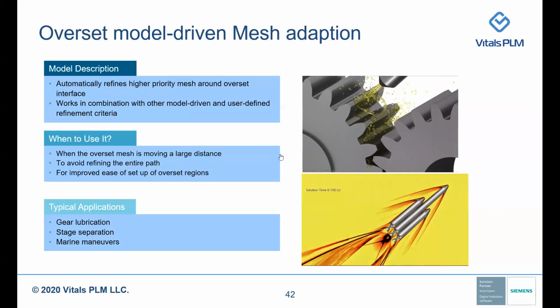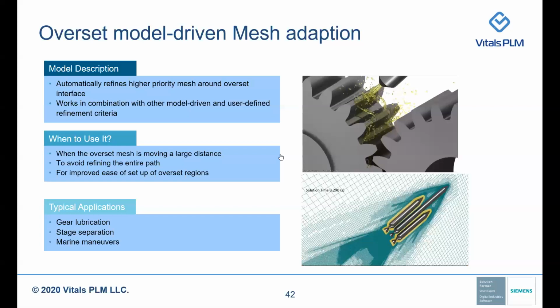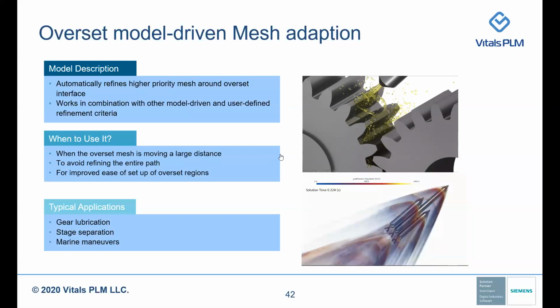The same thing you can see here in this booster separation example. When the boosters have been separated, you can see there's a refinement around the whole rocket with the boosters. Here, the mesh is automatically updating and using the AMR to capture the separation effects of the boosters.